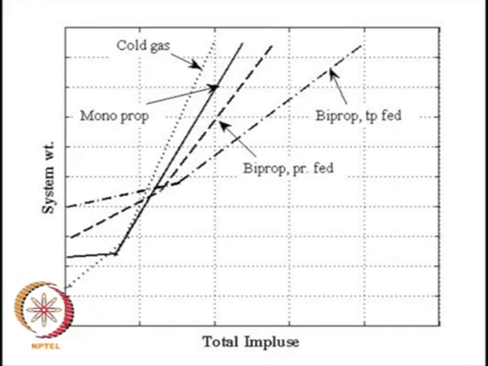Now the difference between bipropellant pressure fed system and turbo pump fed system is essentially because of the tank weight. If you notice in the earlier figures, in the pressure fed system, the gas bottle is the one that is pressurizing it. So it needs to have a very large volume in order to fill the entire tank volume.